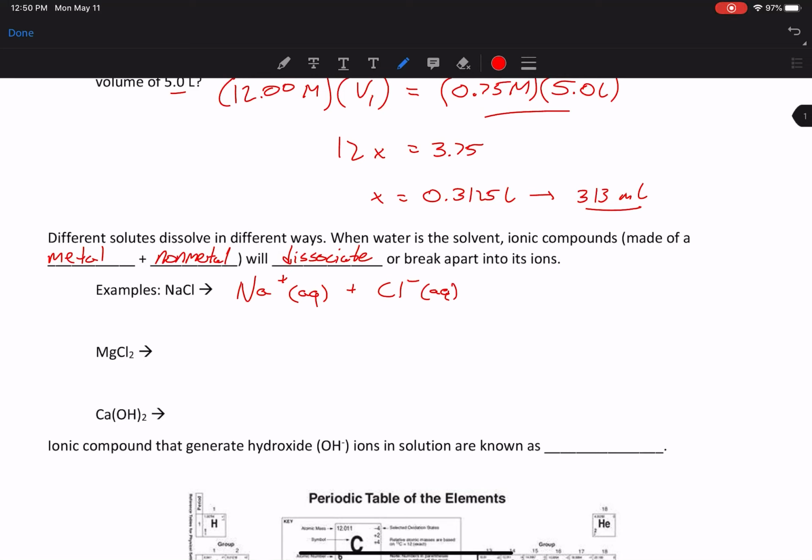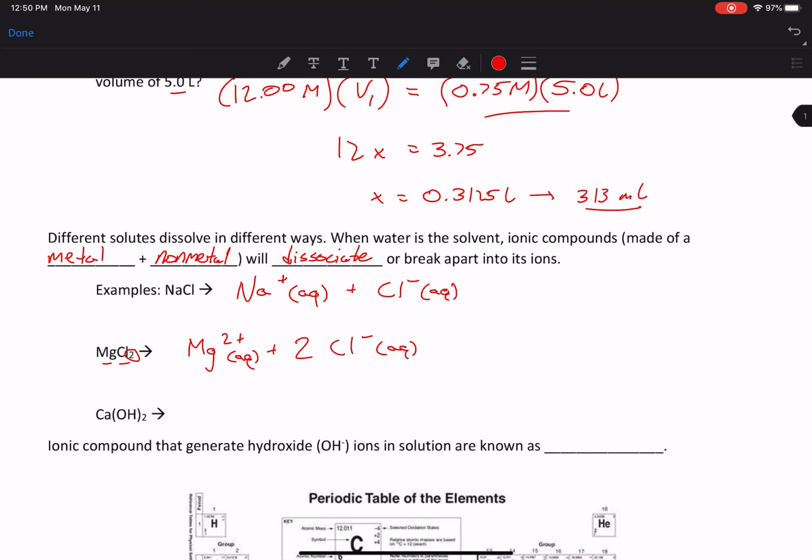All right, MgCl2 is going to break apart into its ions as well because we have a metal and a nonmetal. So you'll end up with Mg2+, because it's giving away 2 electrons this time. Now there's also 2 chlorines, so this 2 becomes a coefficient out front. You're left with 2 chlorines, and these are both dissolved in water, so they're both aqueous. The last one is calcium hydroxide.